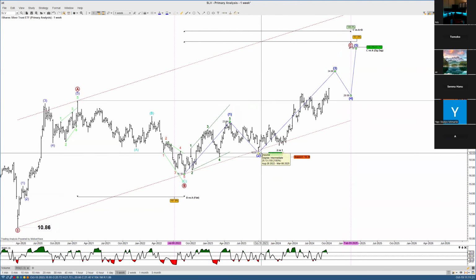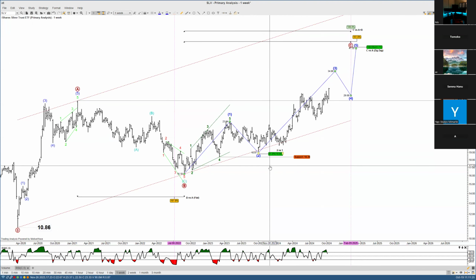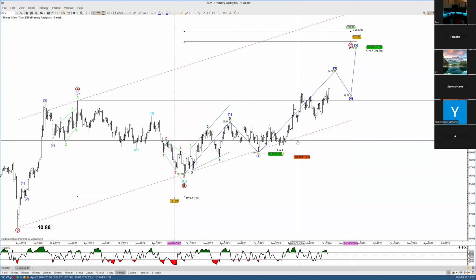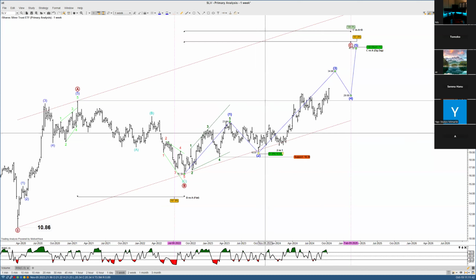So from here, see now this looks like a 5-wave move because we're missing 4. So we need 1 that cannot be 3, needs 5.